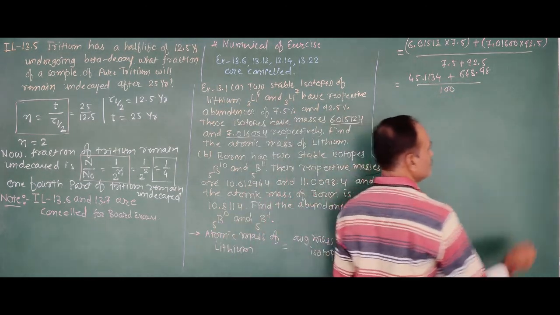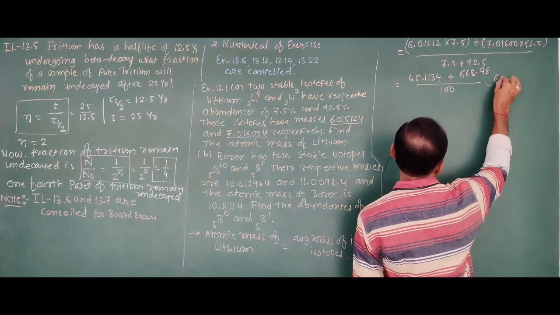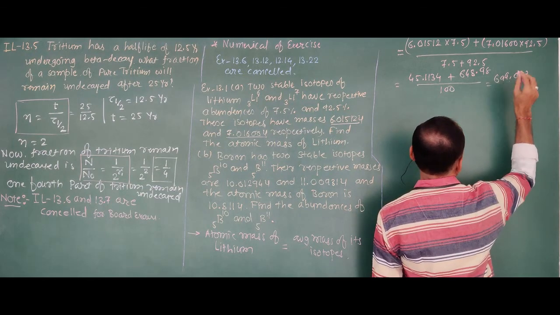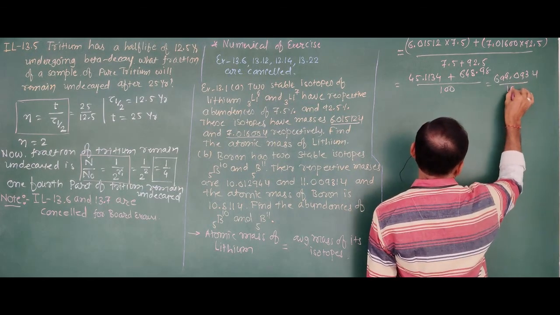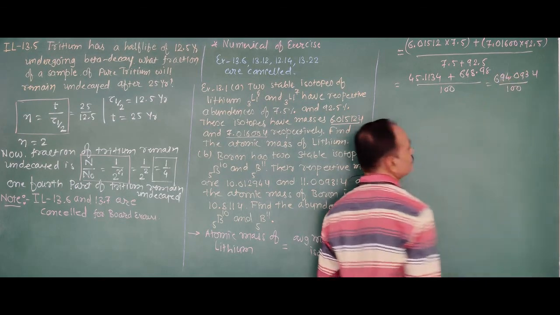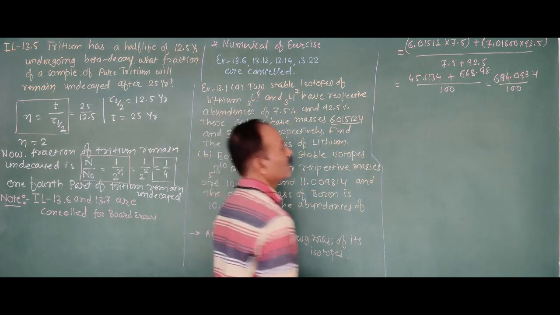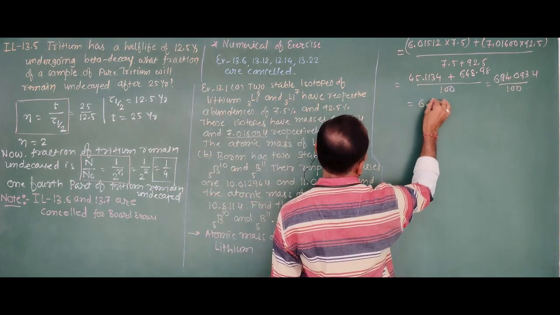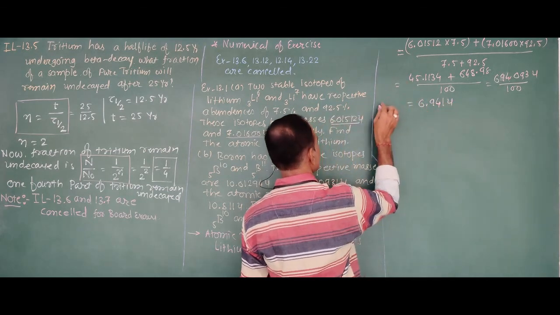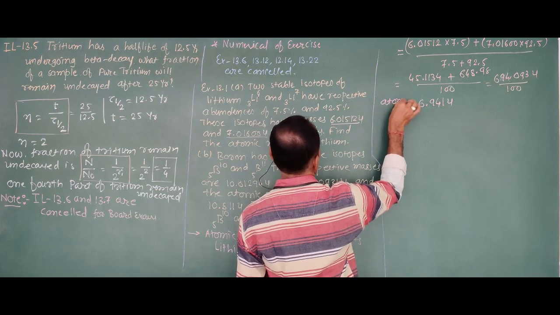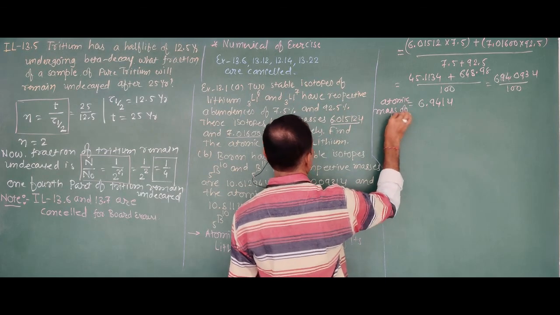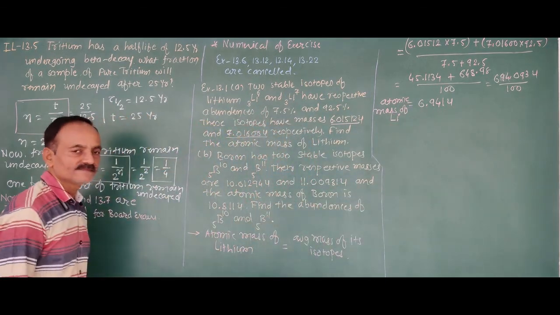Thus we obtain 694.093 atomic mass unit upon 100. Therefore, 6.941 atomic mass unit is the atomic mass of lithium. That is our first answer.